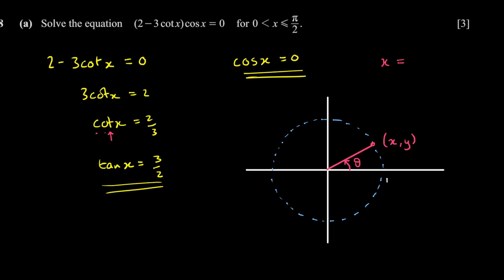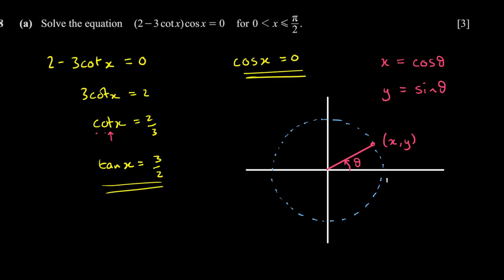So the x-coordinate is given by the cosine of an angle, and the y-coordinate is given by the sine of the angle. And that should kind of make sense, because if we just think for 1 second, what does it mean when we say cos 180? Well, it means when the angle is 180 degrees, so we're here, what is our x-coordinate? Well, our x-coordinate's -1 there, and cos 180 is -1. Okay, so we've got that.